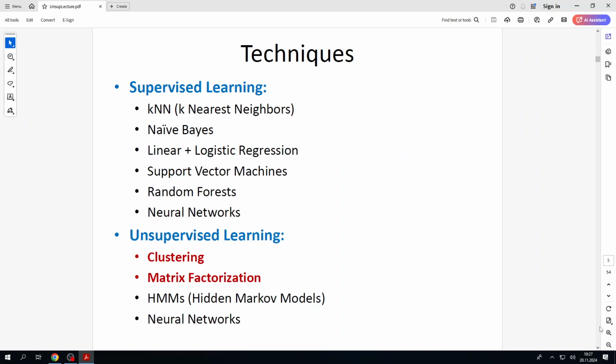So here is a short, not full, list of methods we have discussed so far. Today we are going to focus on clustering and matrix factorization, but as I said, there are also hidden Markov models, which we will not cover during this course.